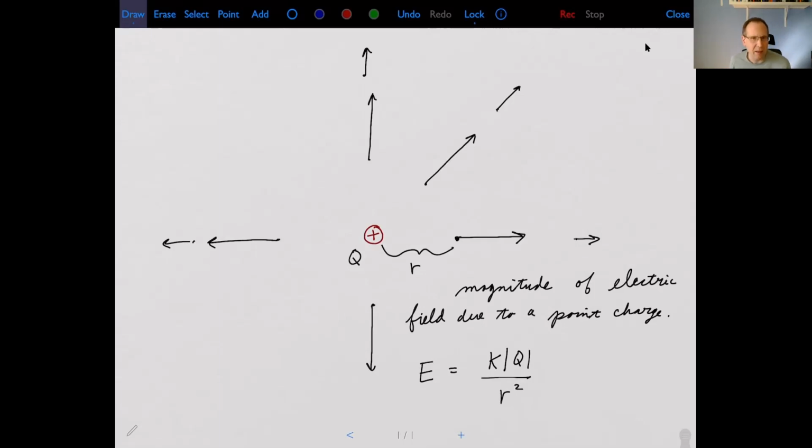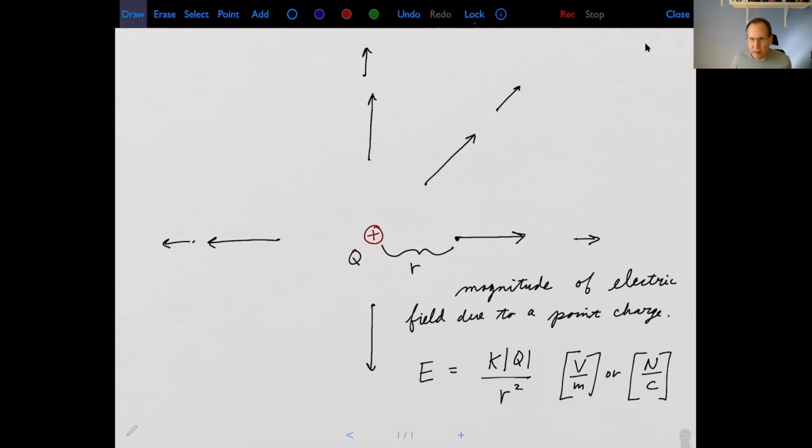Think of r as being the radius, the distance from the point charge to the location at which you want to measure the electric field. And the units for the electric field are going to be volts per meter, which is equivalent to newtons per coulomb.